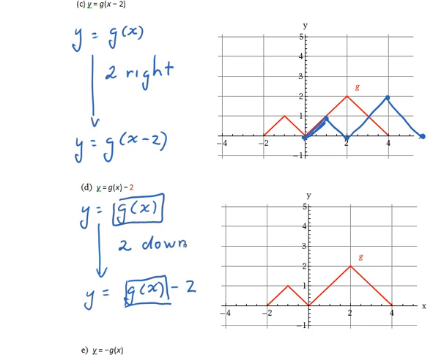Now we have to be a little careful here. Our graph isn't really made to go down 2, but we're going to go from negative 2, 0 to negative 2, negative 2, from negative 1, 1 to negative 1, negative 1, from 0, 0 to 0, negative 2, from 2, 2 to 2, 0, and from 4, 0 to 4, negative 2.